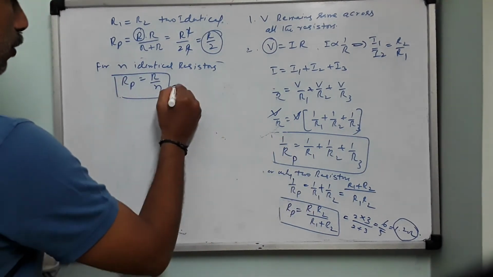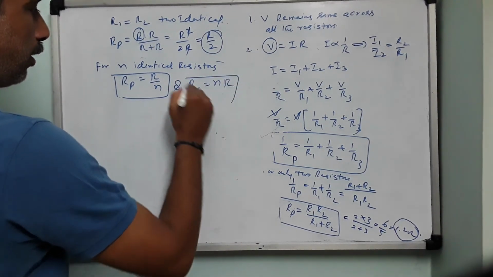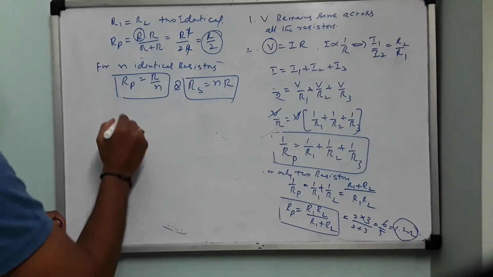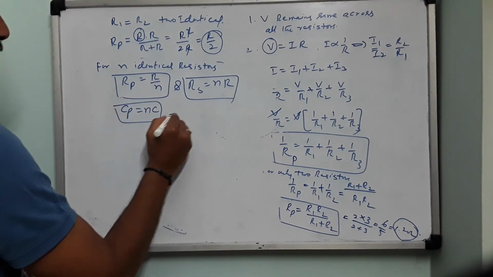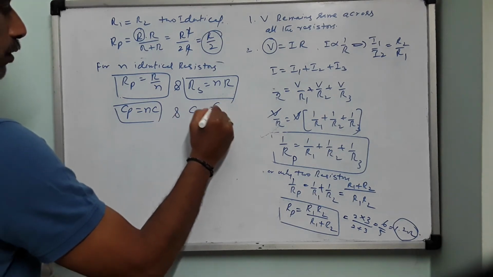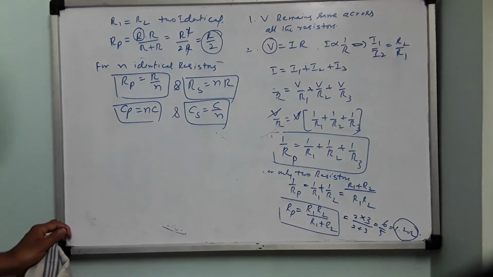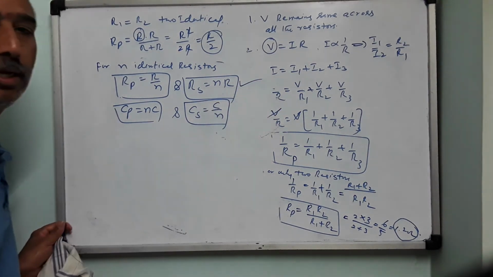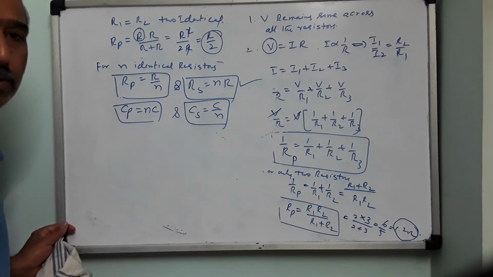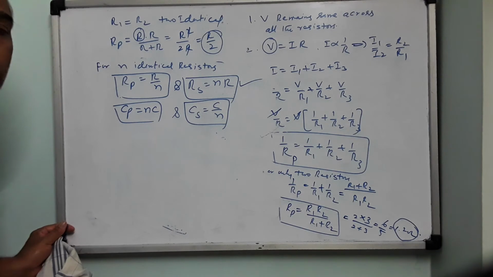And R series, you have seen, equals n into R. Exactly reverse for capacitors: C parallel equals n into C, and C series equals C by n. Observe this. Remember any one of them so that the other can be reversed. You better remember the resistors because you have studied resistors in class 10th, so you will have a better idea about resistors than capacitors.